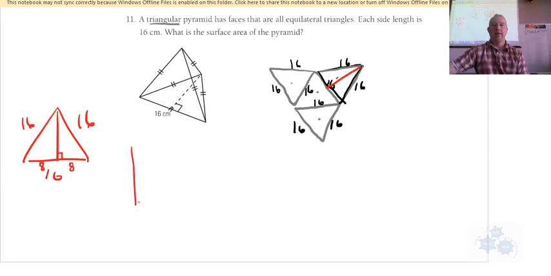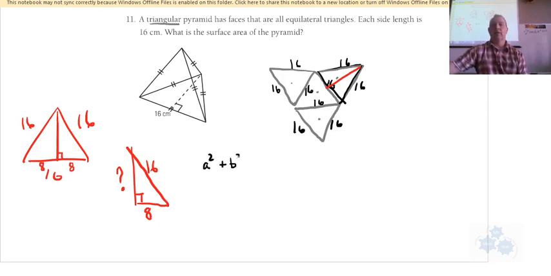So now I have 16, 8, and unknown. Does everyone see that? We're going to use Pythagoras in a slightly different way now, because I don't have this side, I instead have the hypotenuse. So this is what you do.